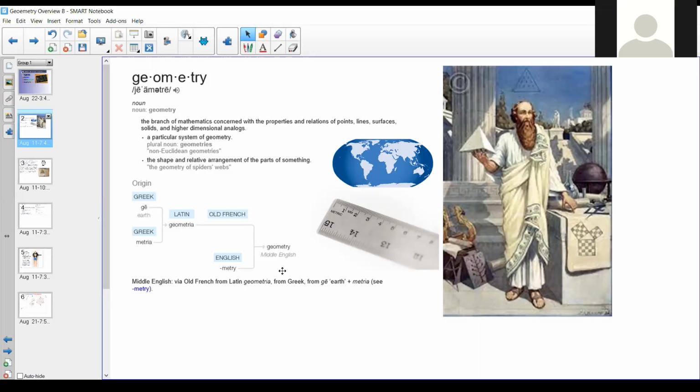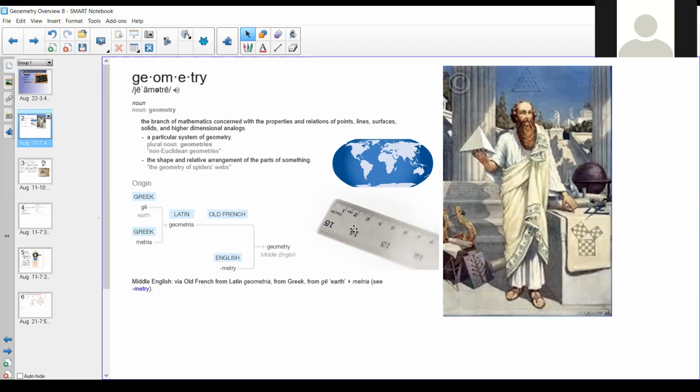So geo means earth and metria means to measure. Remember, we've got the metric system. What is the metric system? It's a system of measuring. So geometry comes from the compound word to measure the earth.